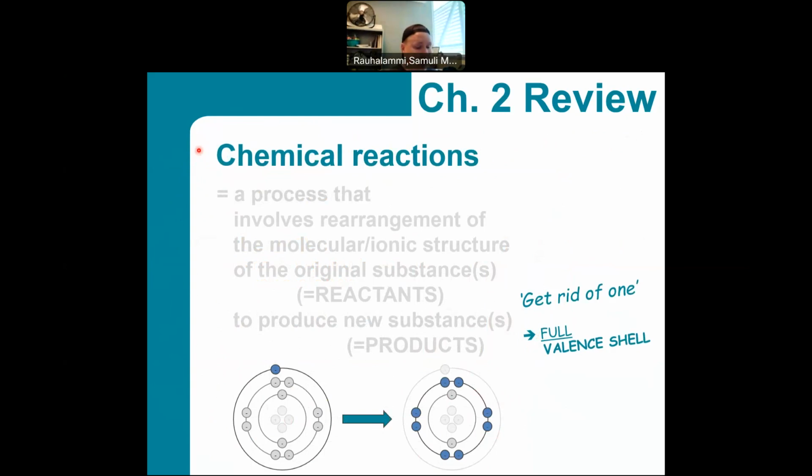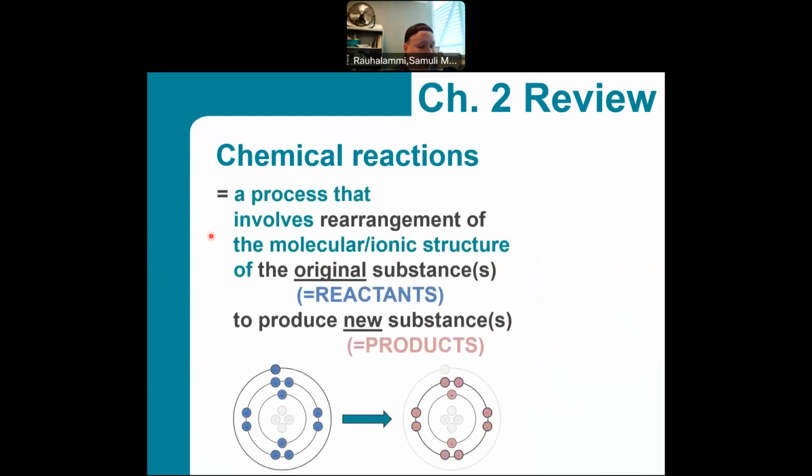So we're really aiming for that full valence shell. And here we saw an example of where for this particular atom, the way to accomplish that was either by getting rid of one electron, as we are seeing here, or it could be, in this case, gaining an additional electron.